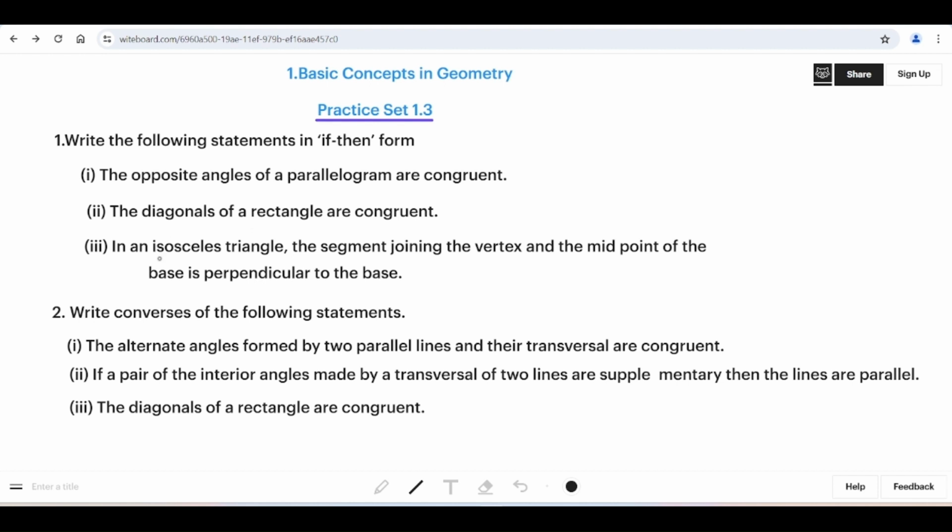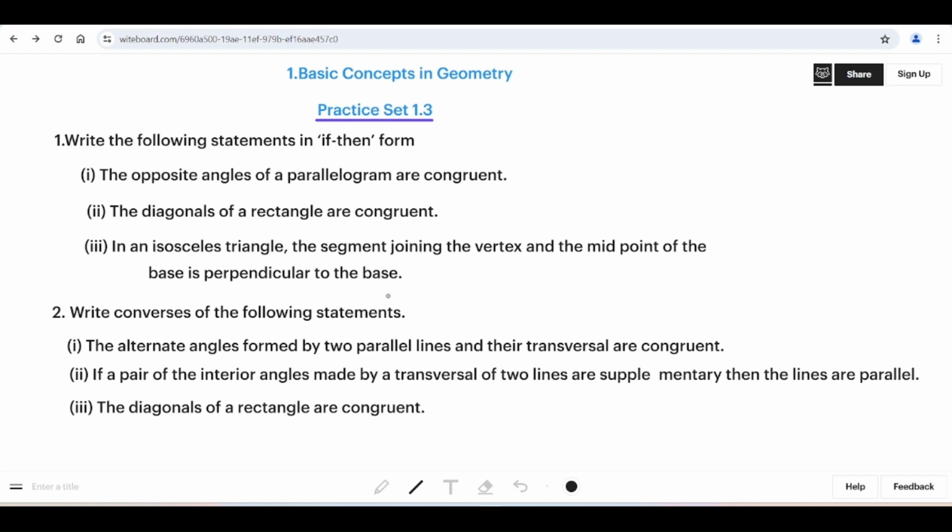The third question is: in an isosceles triangle, the segment joining the vertex and the midpoint of the base is perpendicular to the base. Its if-then statement will be: if a triangle is an isosceles triangle, then the segment joining the vertex of the triangle and the midpoint of the base is perpendicular to the base.